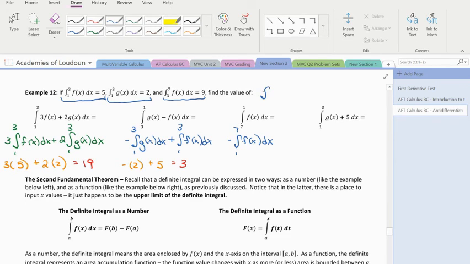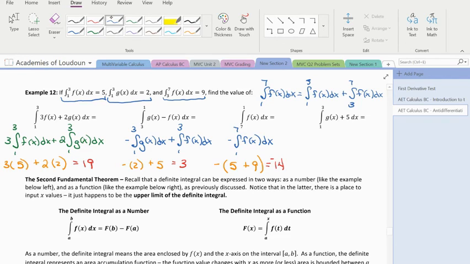We know that the integral from 1 to 7 of f of x dx will equal the integral from 1 to 3 of f of x dx plus the integral from 3 to 7 of f of x dx. So that means we have negative: the integral from 1 to 3 is 5, the integral from 3 to 7 is 9, and this gives us negative 14.